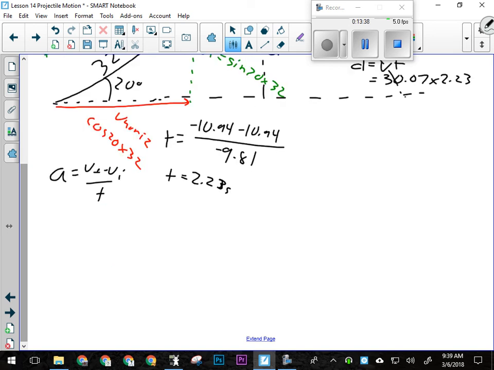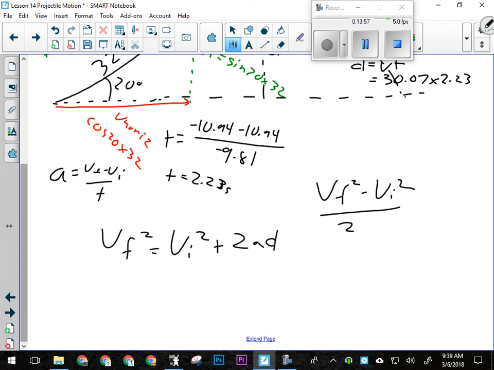So when I calculate the maximum height, I always use this formula. Because I've calculated this, I know this is 0, and I know this is 9.81. So all I have to do is calculate D. That's going to be VF squared minus VI squared over 2A equals D. So we've got 0 squared minus 10.94 squared divided by 2 times negative 9.81.